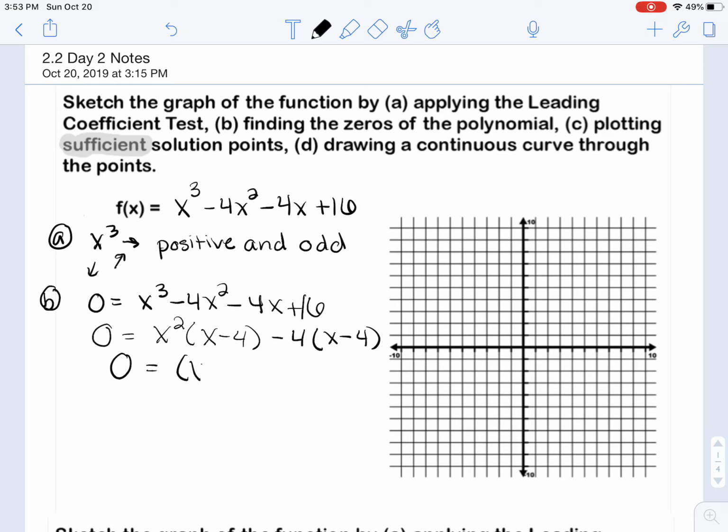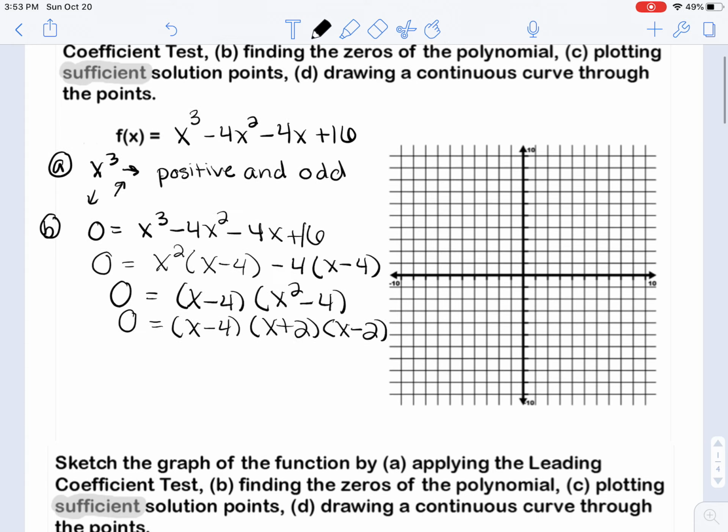So I would get the GCF x minus 4, and what's left over is x squared minus 4. All right, hopefully you're thinking that this can be factored further. I would make that x squared minus 4 because that's a difference of squares. We're going to make that x plus 2, x minus 2.